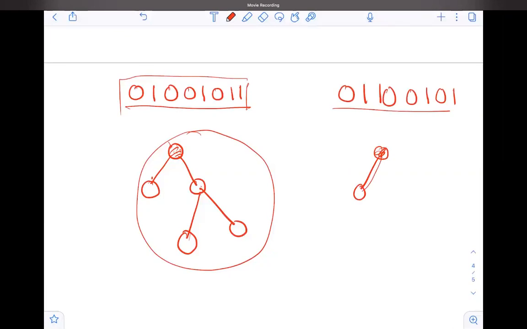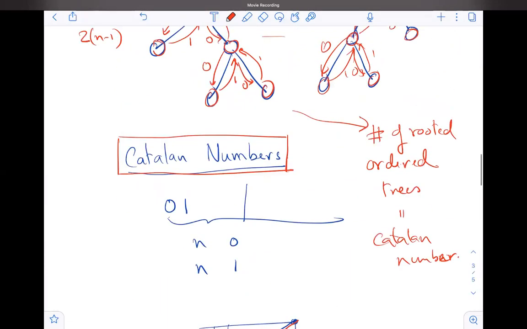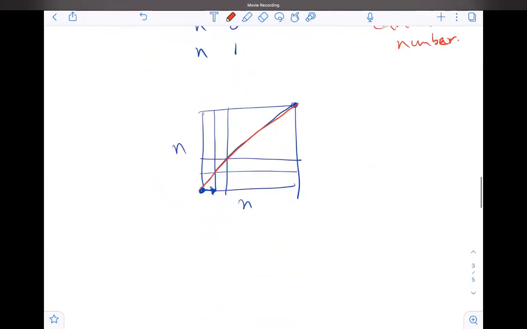That is not possible, right? So the important thing is that at any point of time, the number of zeros must be more than or equal to the number of ones. This is exactly the thing that happens here.